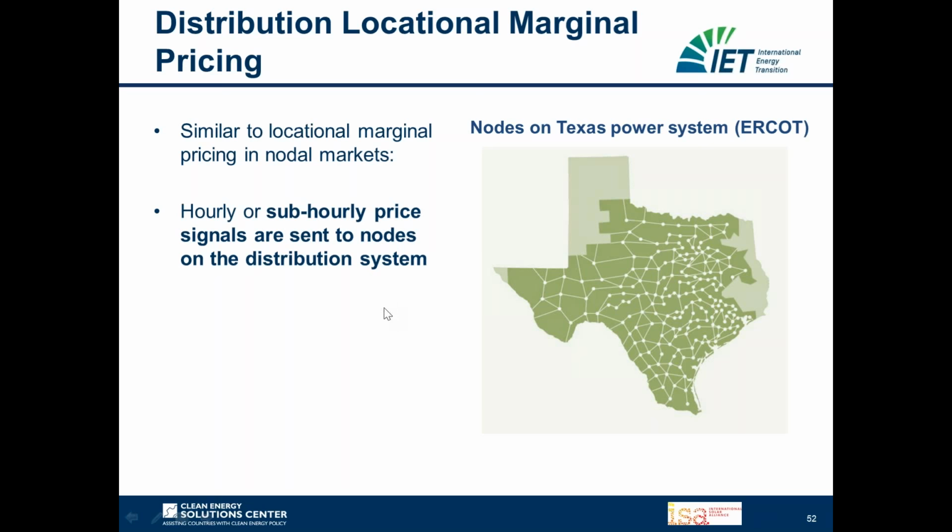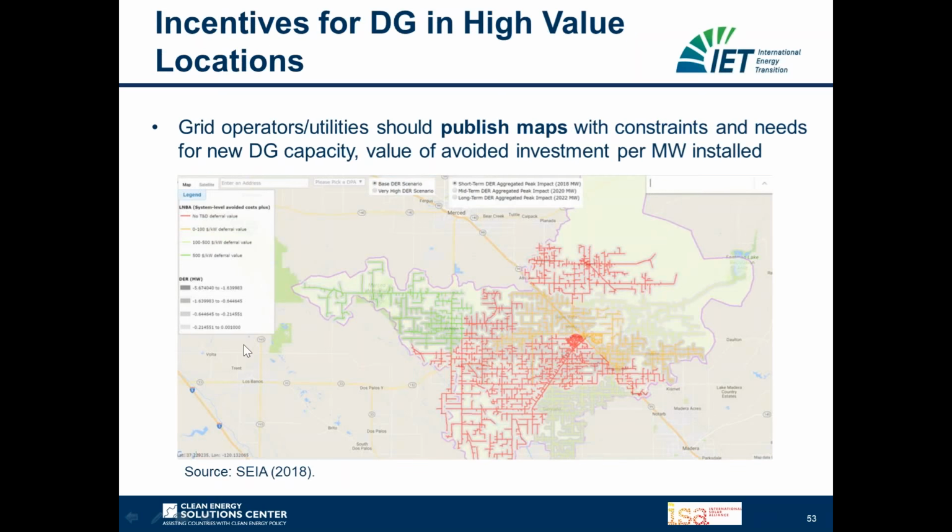An interesting example here, once again from the United States, is that you should actually publish maps for everyone available on the internet to indicate in which part of the distribution network you're facing constraints, here highlighted in the red areas, and in which parts of the distribution network you're not facing constraints.